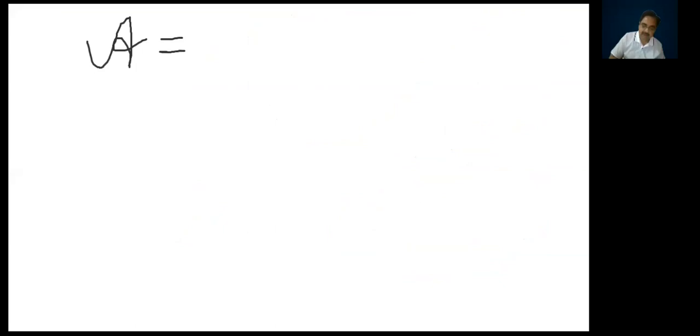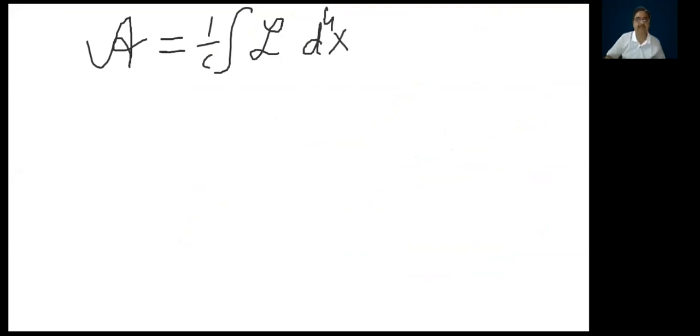L and d4x, 1 over c, right? This is the Lagrangian density. This is okay for the fields and plus the source.